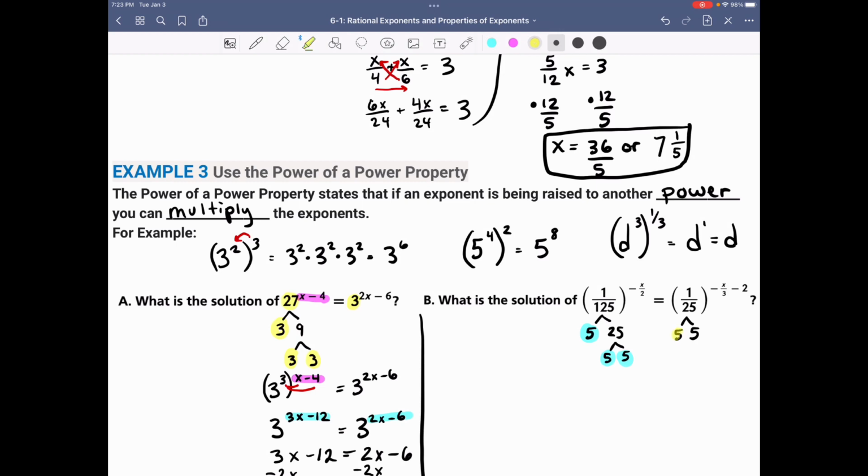that we could rewrite these with a base of just 5, or 1/5, because it would be 1 over 5 to the 3rd power. And then this one would be 1 over 5 squared.